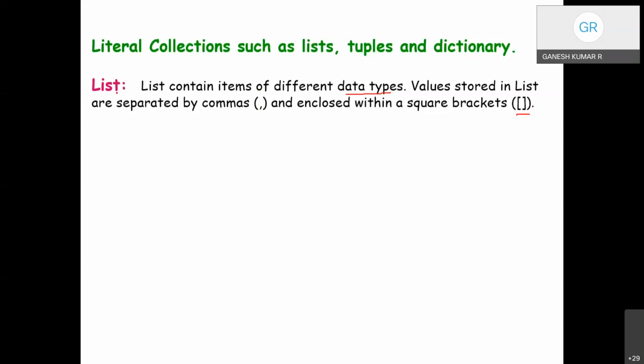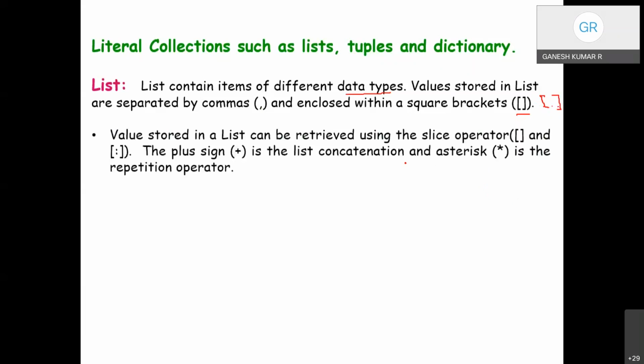So a list is a collection of different data items separated by commas and enclosed within a pair of square brackets: an open square bracket and its counterpart, the close square bracket.